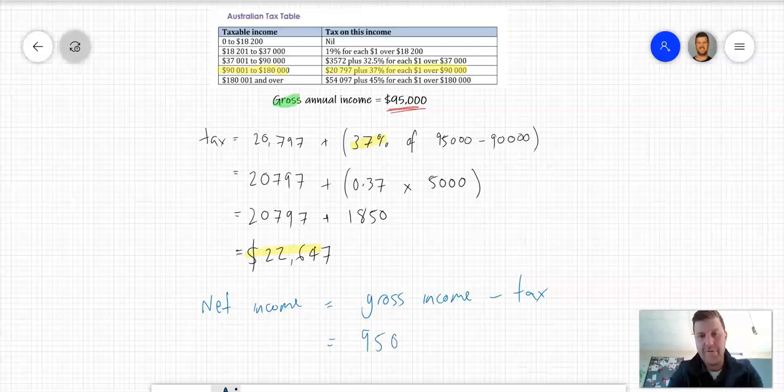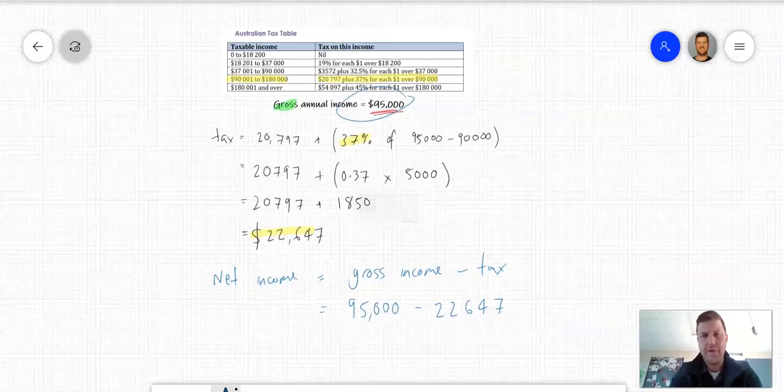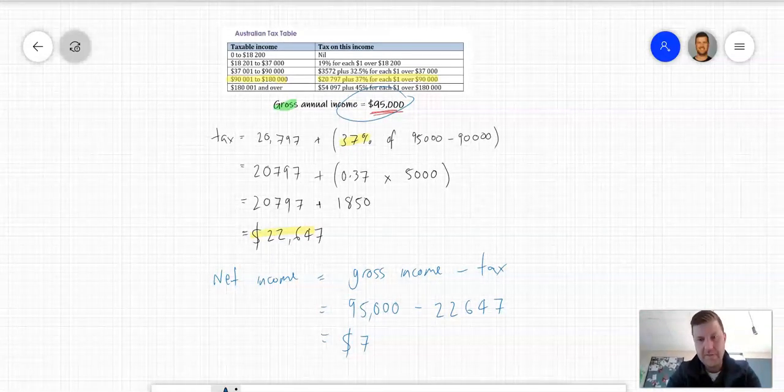Really important when you're using the 95,000 here. That's the gross, minus the amount of tax we just calculated, which is 22,647. Again, I've already put that in a calculator for you. And for this example, the net income, so what you actually receive, works out to $72,353. So that's the net income based on the gross income of $95,000.